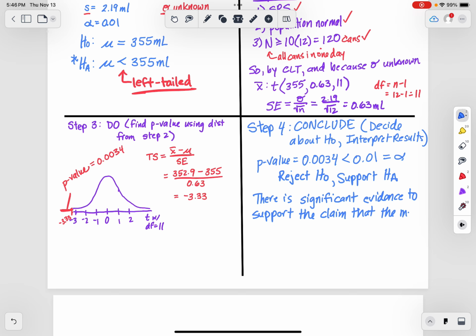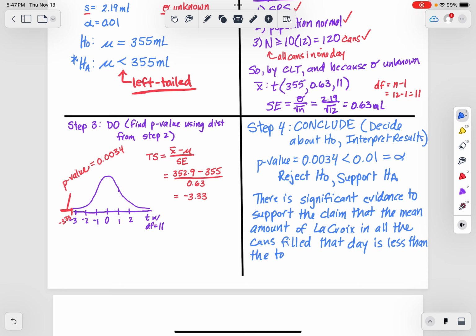So the mean amount of LaCroix in all the cans filled that day is less than the target value of 355 milliliters. So that's the conclusion, the interpretation of what you just found.